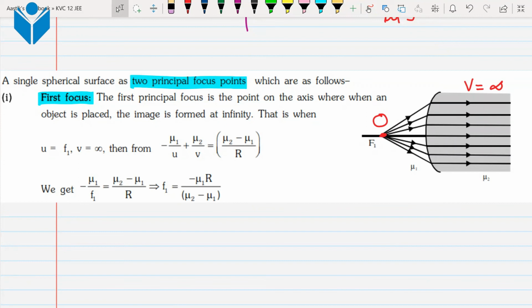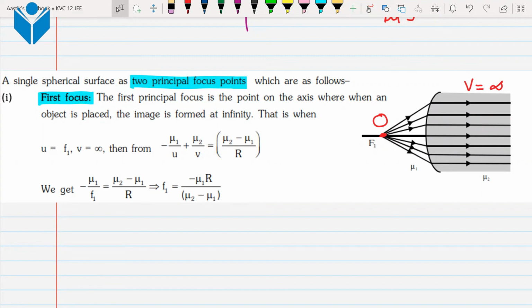Do you see my screen? So we said that if a ray of light is parallel, after reflection it will pass through one point that is known as the focus of the mirror.